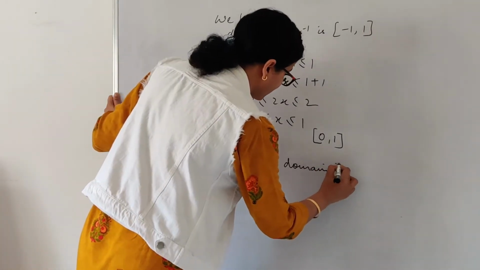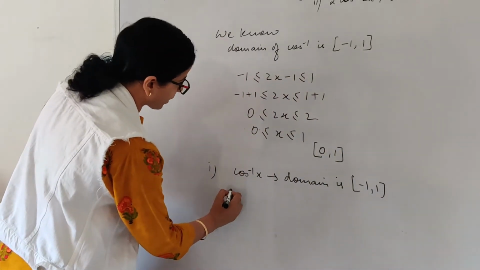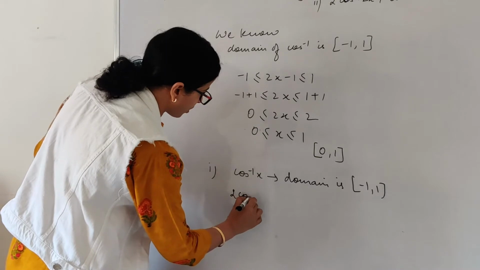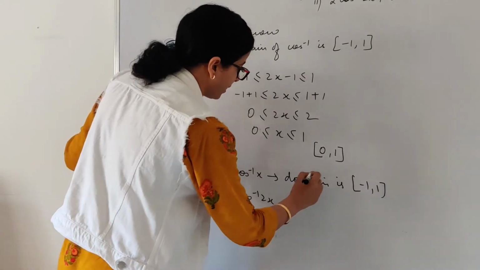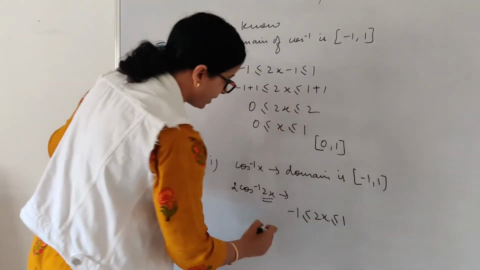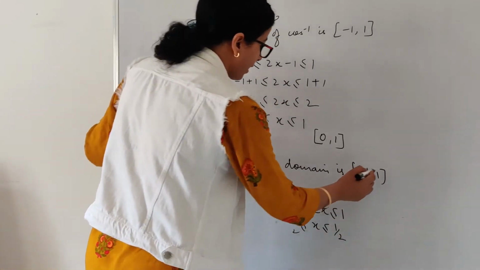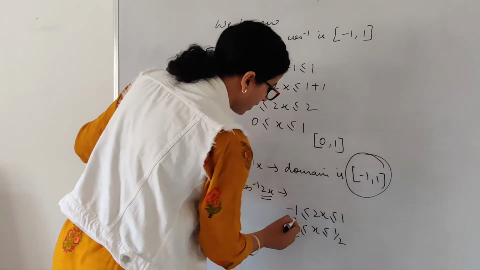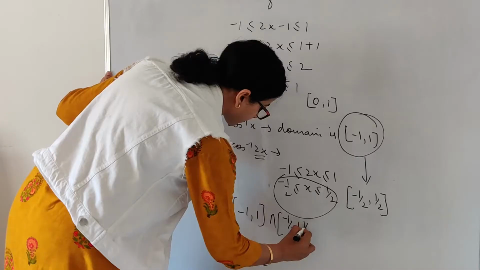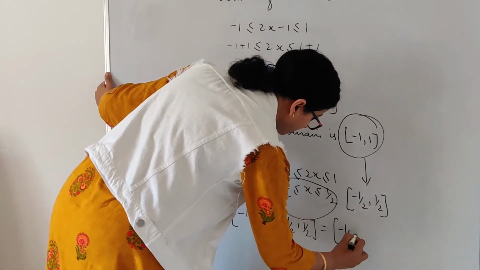The domain is minus 1 comma 1, right? Now we are talking about 2 cos inverse 2x. What is the domain of cos inverse 2x? Divide by 2. Is that clear? So I have to take the intersection of this part and this part. So it will be equal to minus 1 by 2 and 1 by 2.